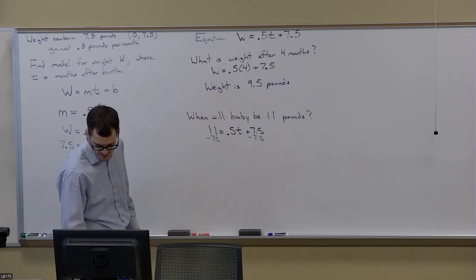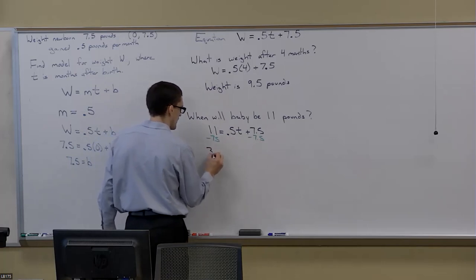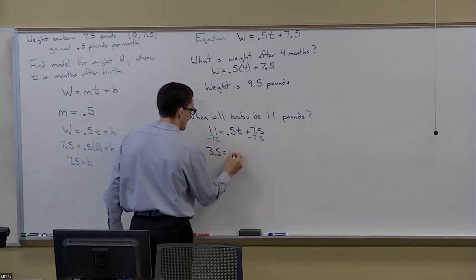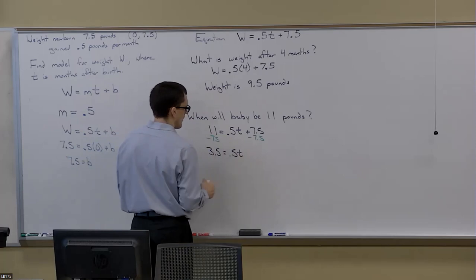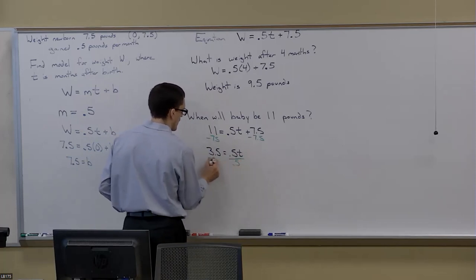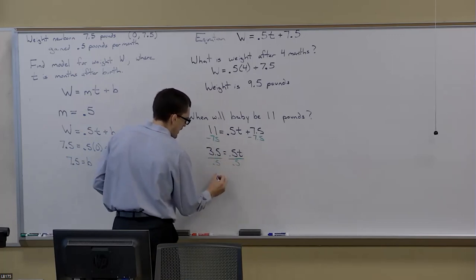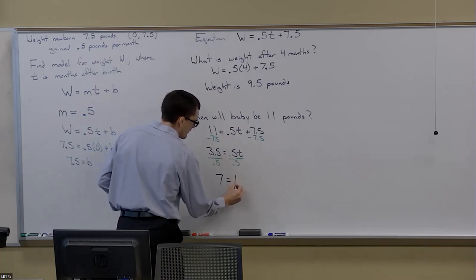And then divide by 0.5. And we get a T of 7.